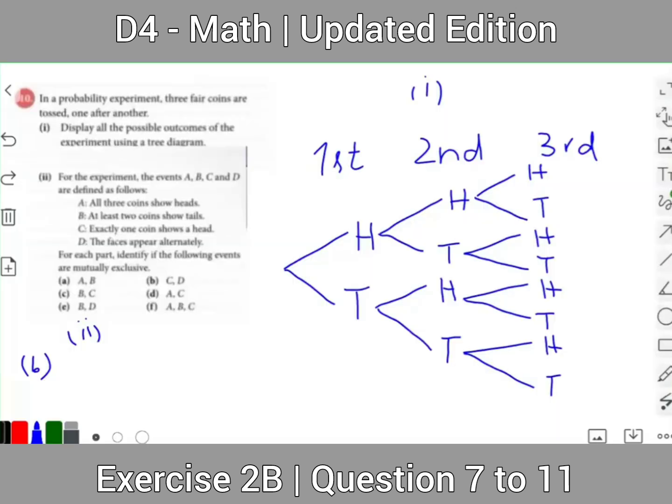Now for C and D, since C is exactly 1 coin shows a head and D, the faces appear alternately, C and D are not mutually exclusive. The faces appear alternately means head, tail, and head. Exactly one coin shows the head, so the faces appear alternately. So C and D are not mutually exclusive just because there is something in common between these two events.